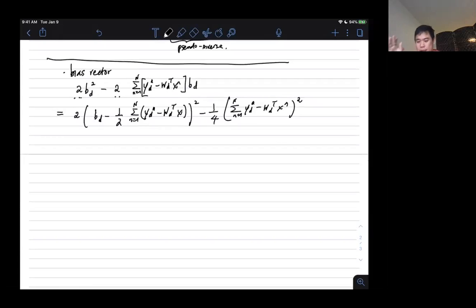So 2 is just there because I didn't actually push the 2 outside the summation in this case.